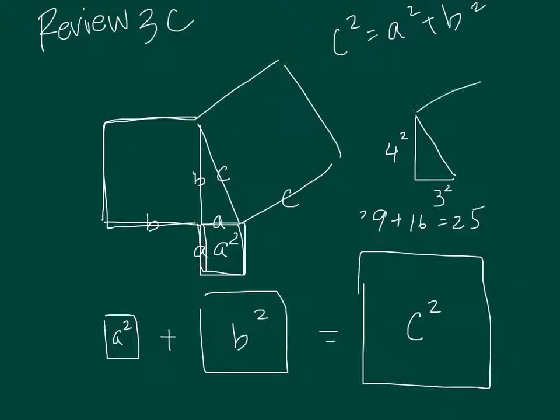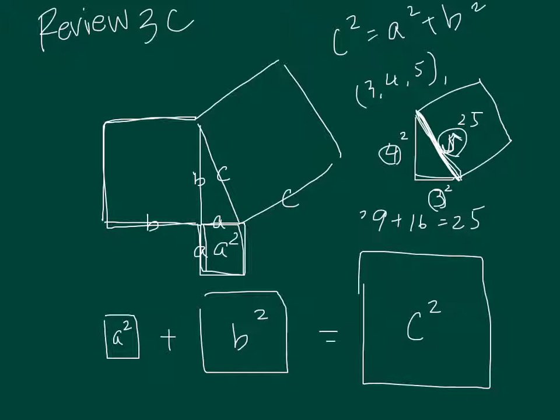If you make the square using the hypotenuse, the area will be 25. The length of the hypotenuse will be the square root of that, so the square root of 25, which is 5. Likewise, we can find missing lengths like that, and we call 3, 4, 5 a Pythagorean triplet because of those numbers.